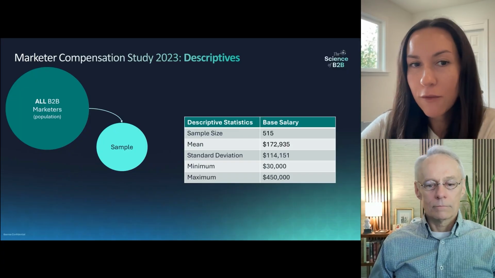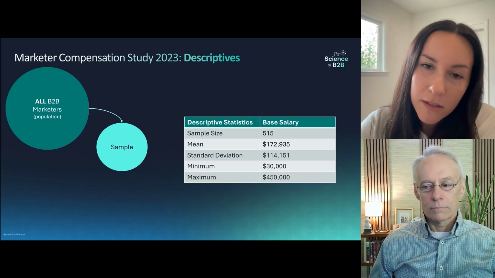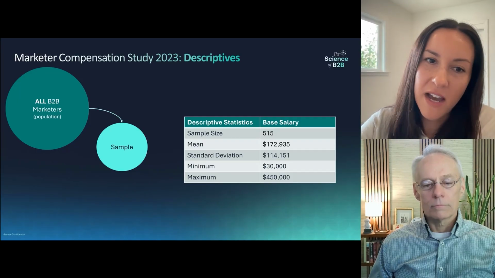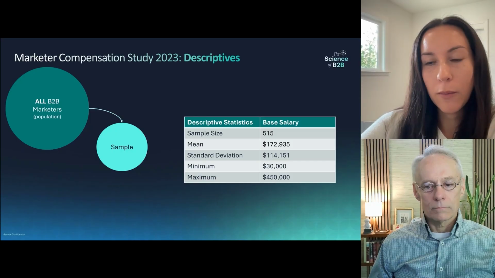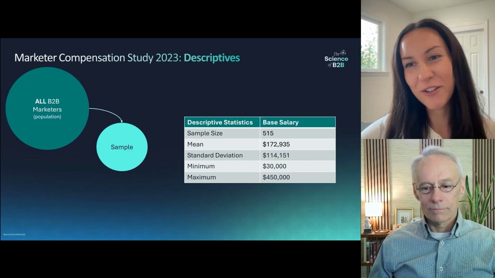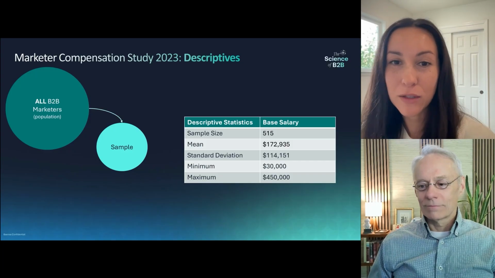And the mean, or the average, I should say, for that particular sample was about 170,000. But at this point, I'm not going to say, hey, this is true for the entire population, because right now, all we have done is describe, right?